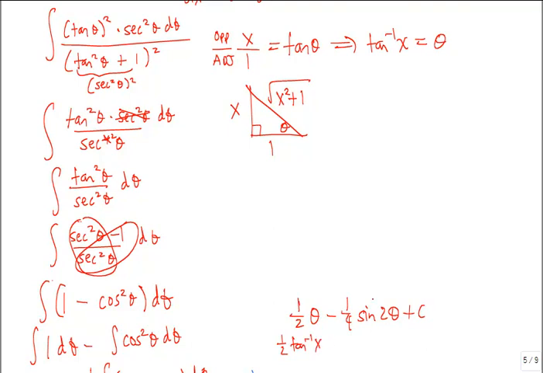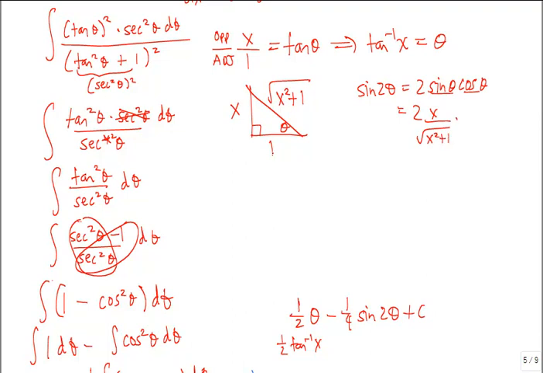Now I need to know sine of 2θ. There's that double angle identity again. We can't find sine of 2θ directly, but if we change it into 2 sine θ cosine θ, both of these I can find from my triangle. So sine is opposite over hypotenuse, so x over the square root of x squared plus 1.